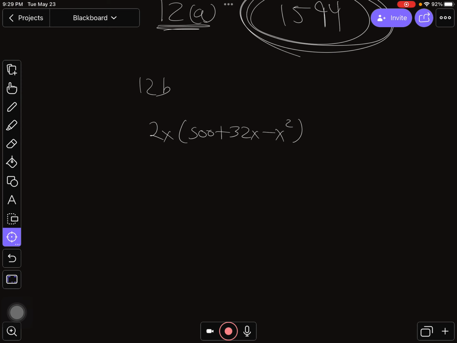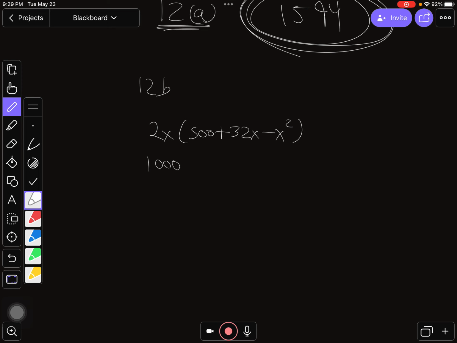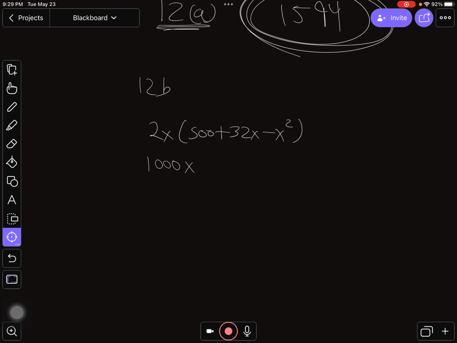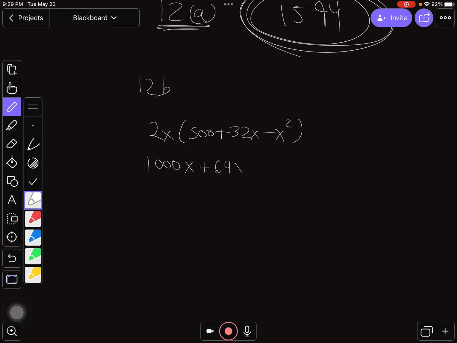Before I take the derivative, I'm going to make it a little bit easier by distributing this 2x. Let me distribute it and see what I get. 2x times 500 is going to be 1000x. Then 2x times 32x is going to be plus 64x squared, because x times x is x squared.